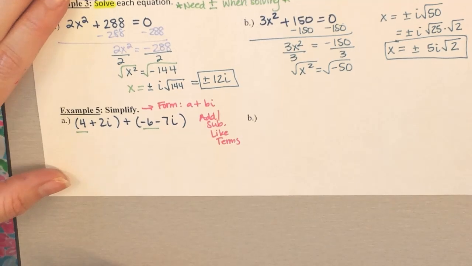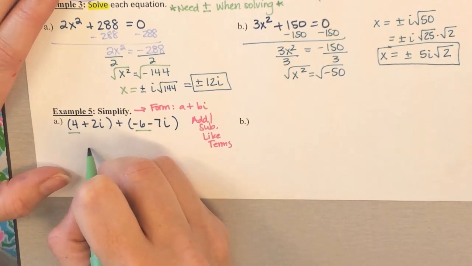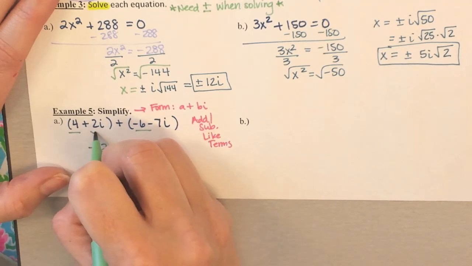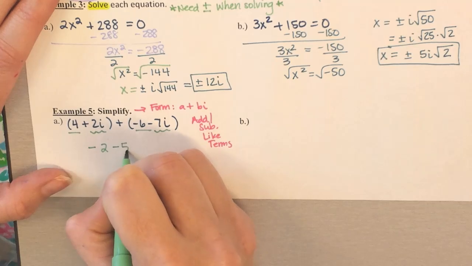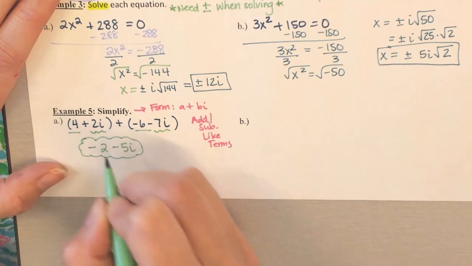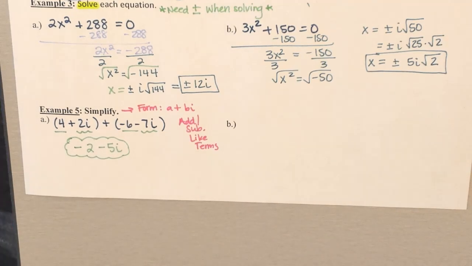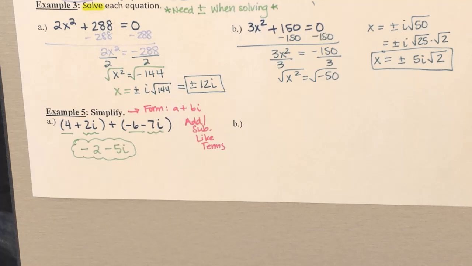So you have 4 plus negative 6. What's that going to be? Negative 2. And then you have 2i minus 7i. Great. So you're just going to put the real number value first. Okay? So always put it in this form, a plus bi.